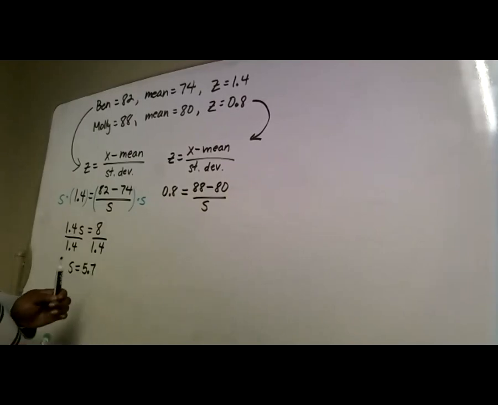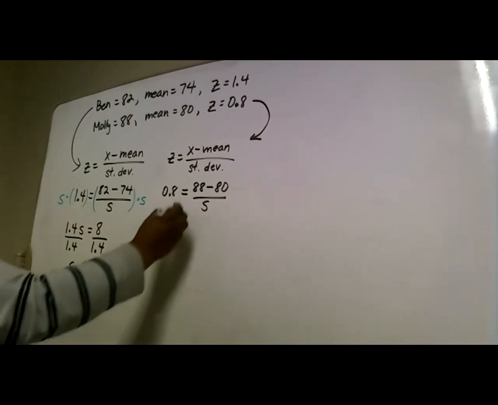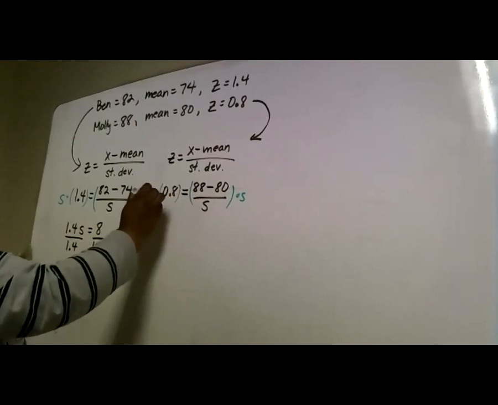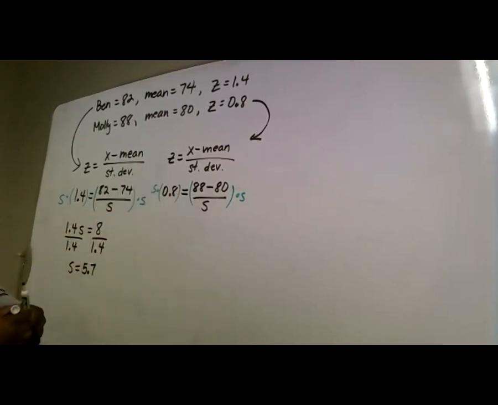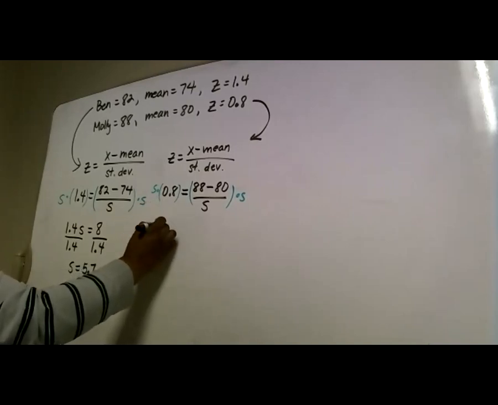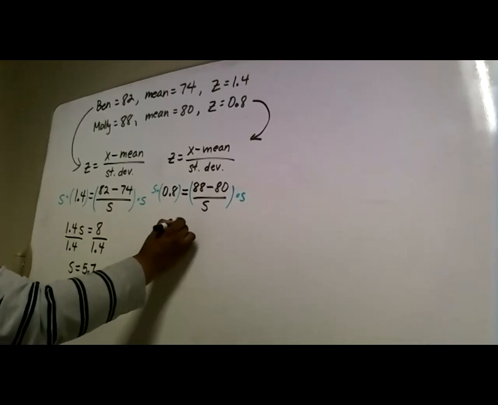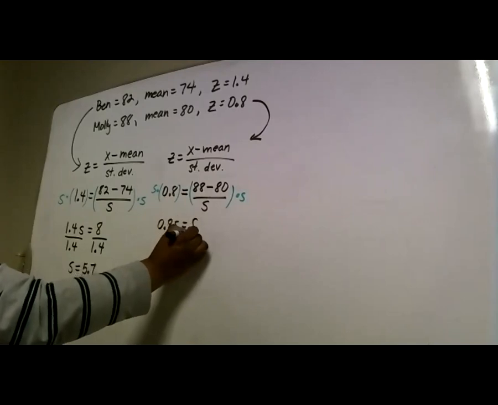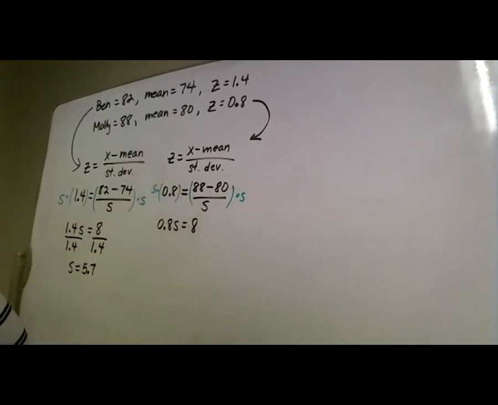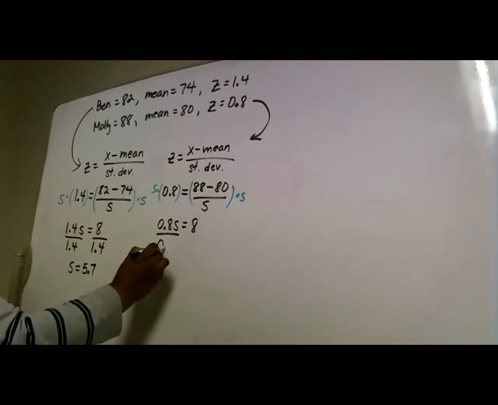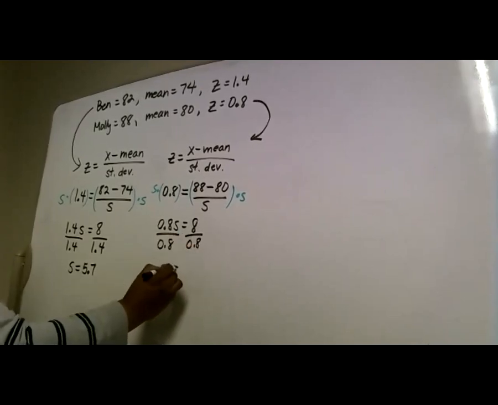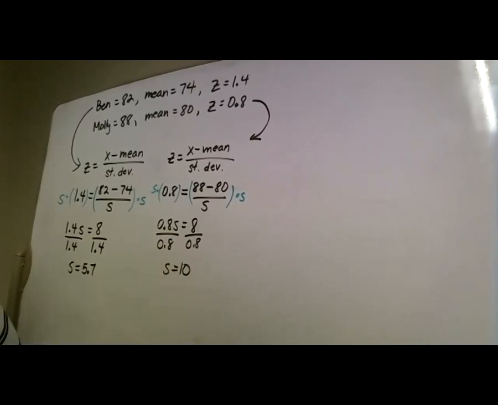To get rid of the S in that denominator, we multiply both sides by S. So this will be 0.8 times S, equal to 88 minus 80, which is 8. Then divide both sides by 0.8. S is equal to 10.